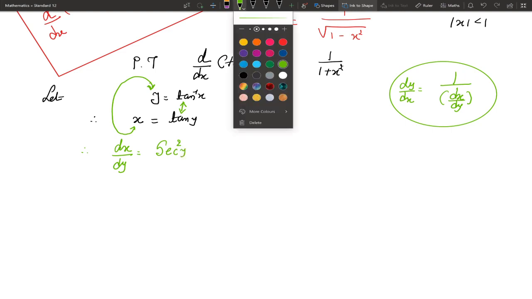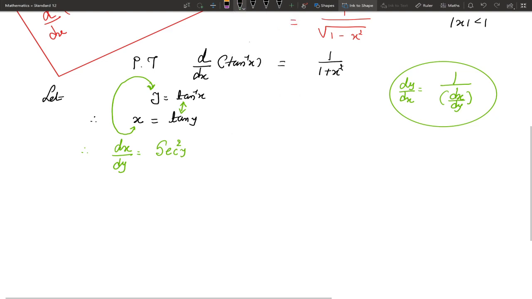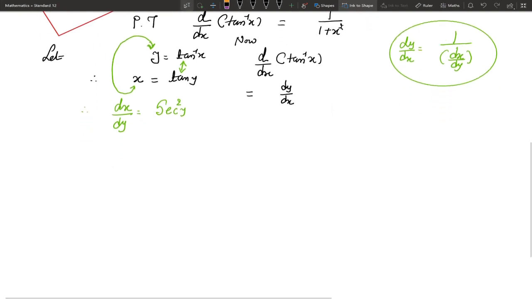Therefore, now d by dx of tan inverse x, so tan inverse x is y, so dy by dx is, using the formula of derivative of inverse functions, 1 upon dx by dy.